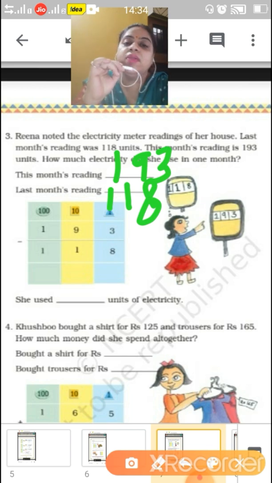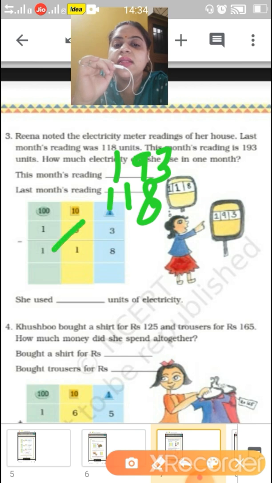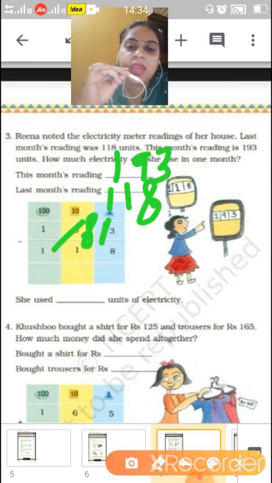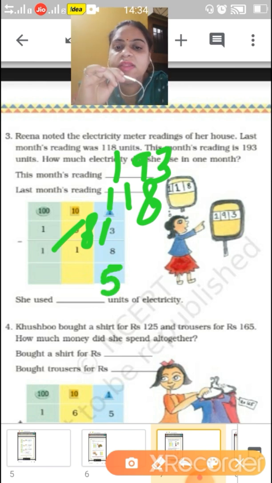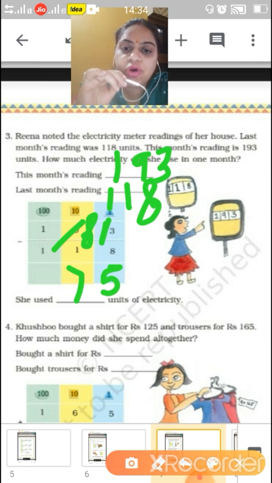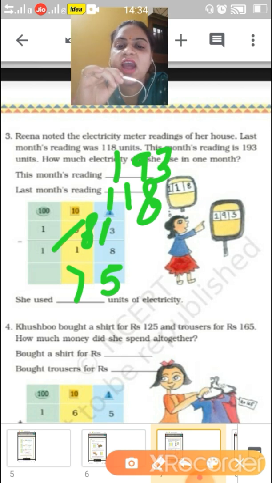So 13 minus 8, we have taken 1. 13 minus 8, yes, that is 5. Okay. 8 minus 1, that is 7. So she used 75 units.